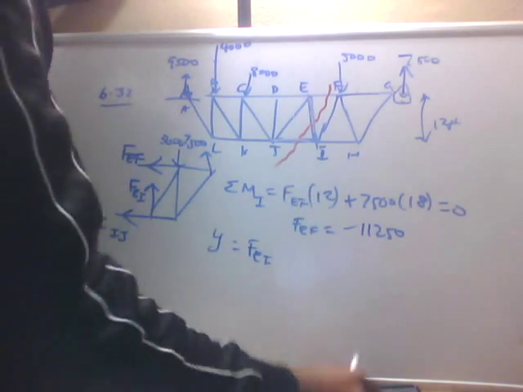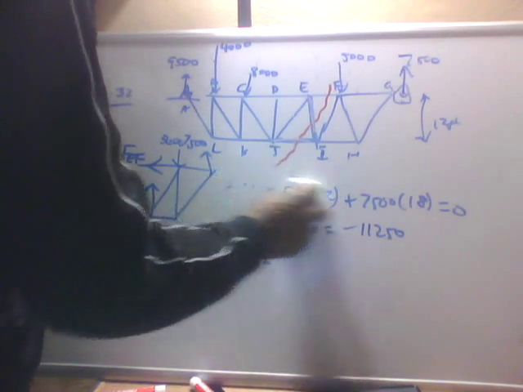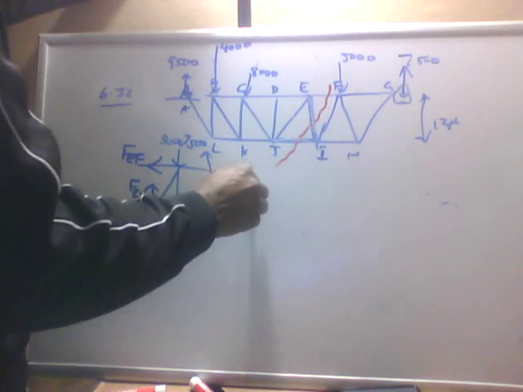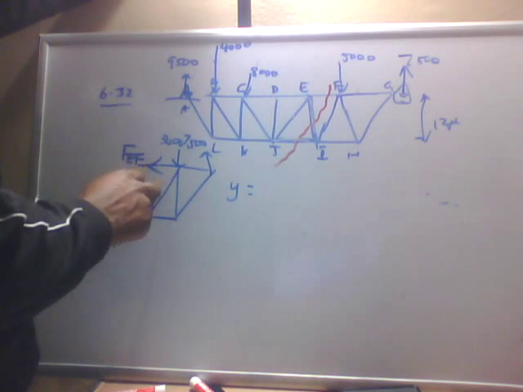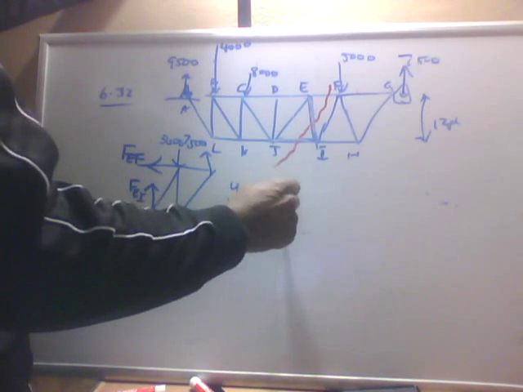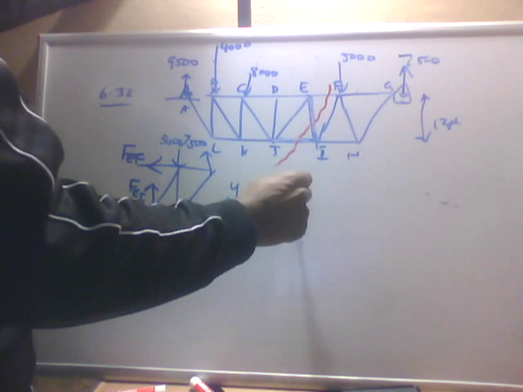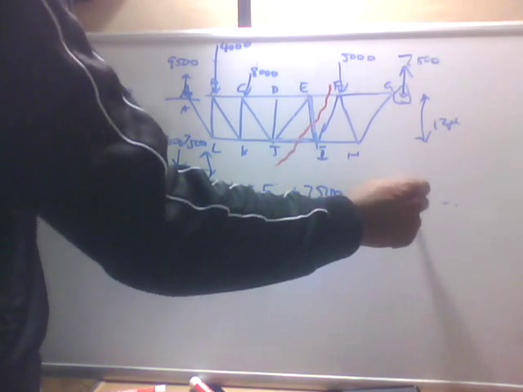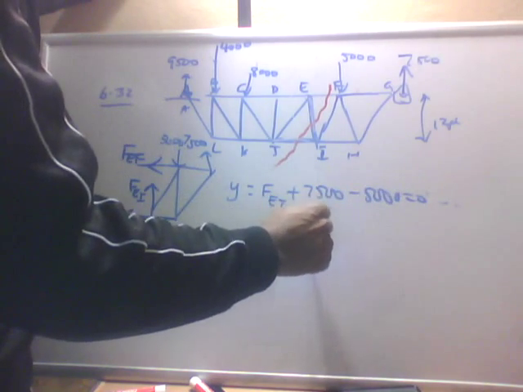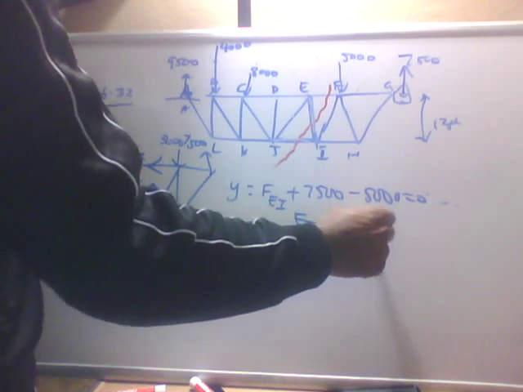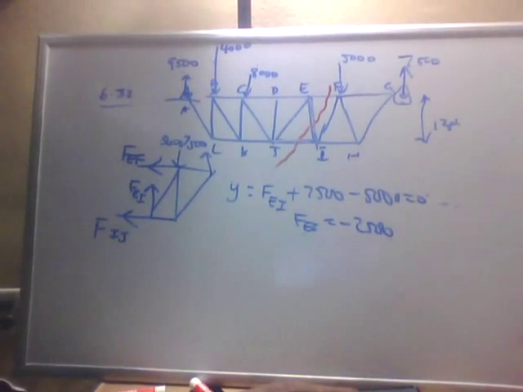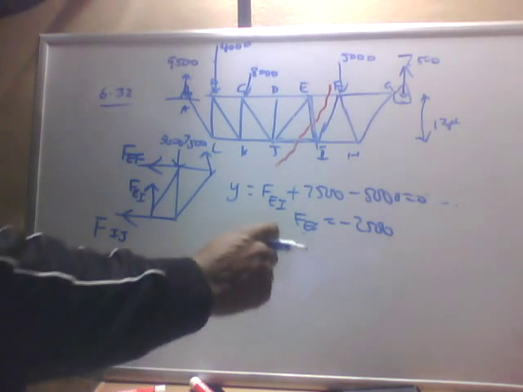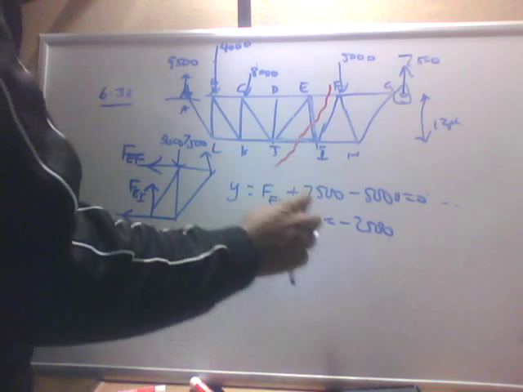So this moment balance is wrong also. We don't need FEF anyway, so I'm just going to take that off. Start all over again. Y balance. There's a 5,000, so FEI plus 7,500 minus 5,000 equals 0, which means FEI equals negative 2,500. Okay, so we have FEI.